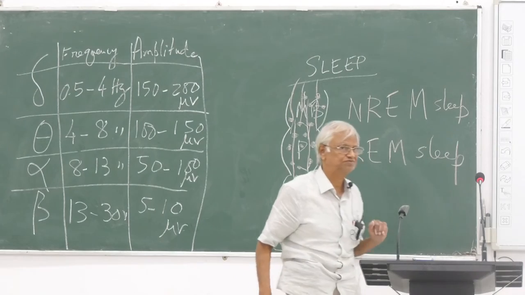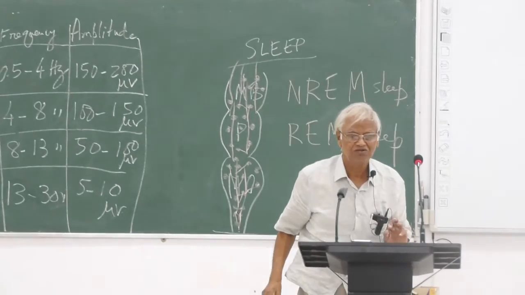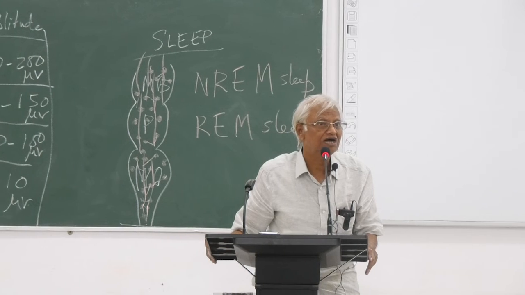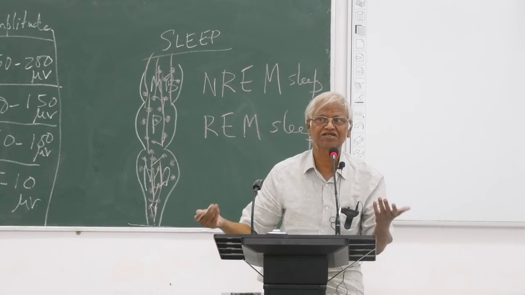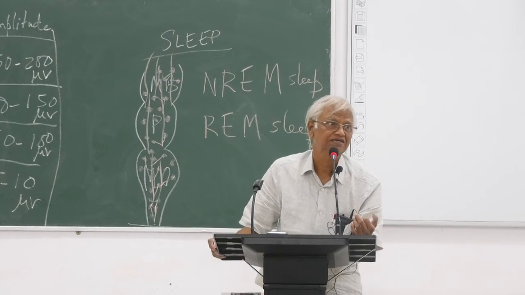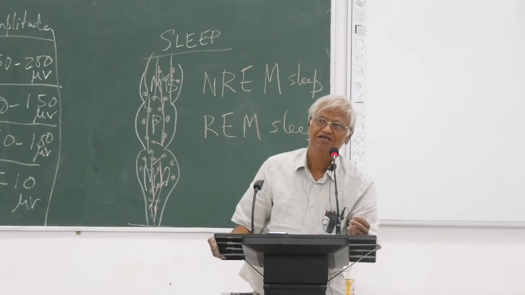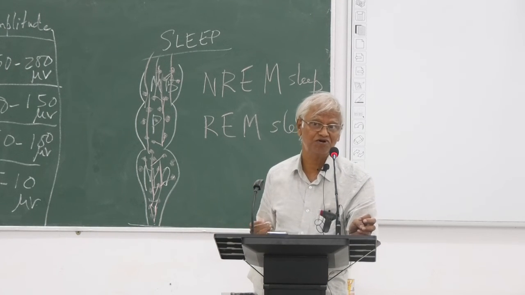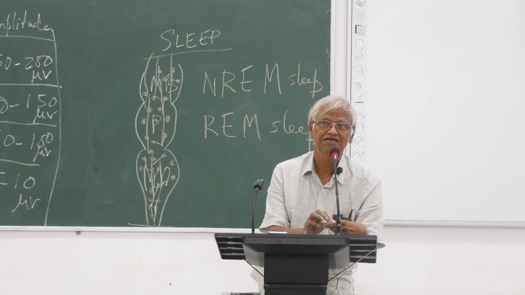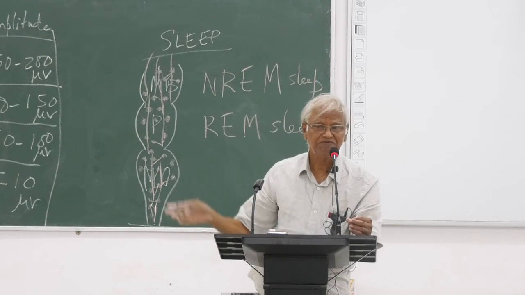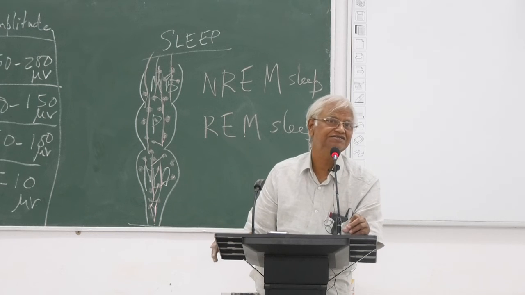Sleep is of two types, two stages. One is called NREM, another is called REM. REM is nothing but rapid eye movement. The person is sleeping, but if somebody else is observing him or her, he will find that the eyeballs are moving, which you can see even with the closed eyelid.